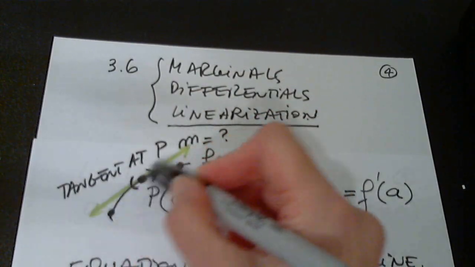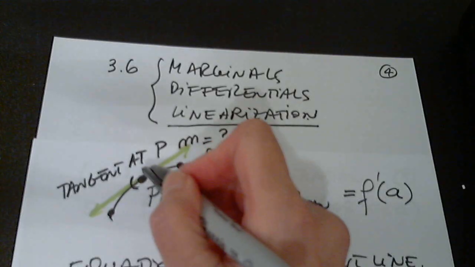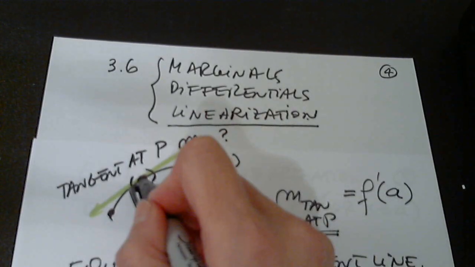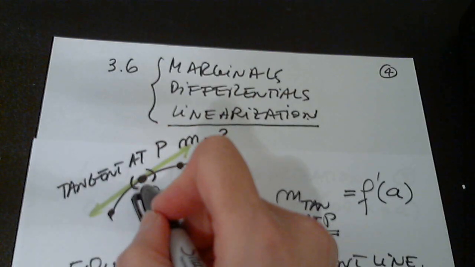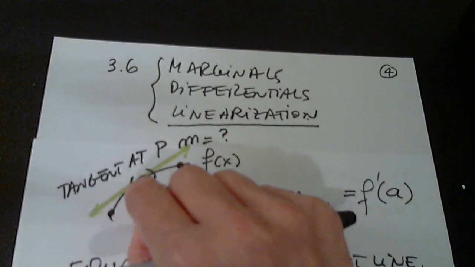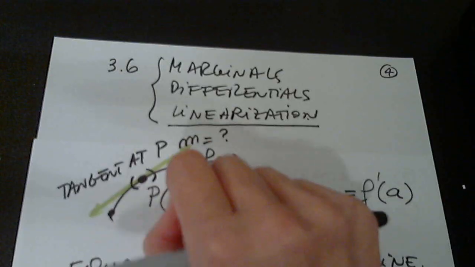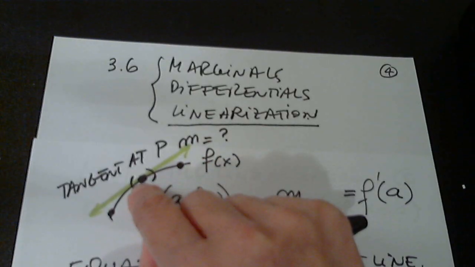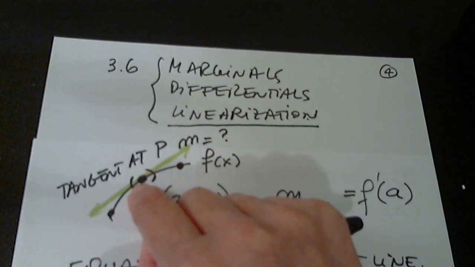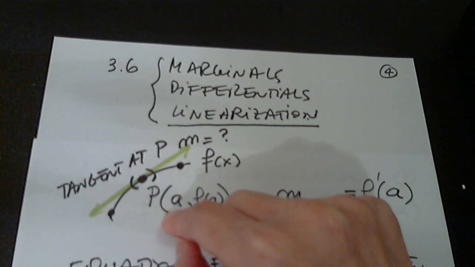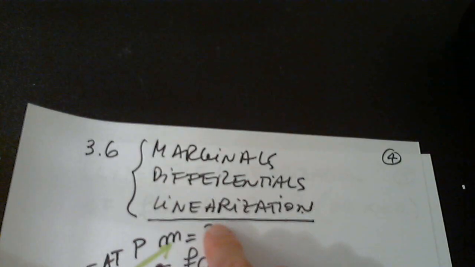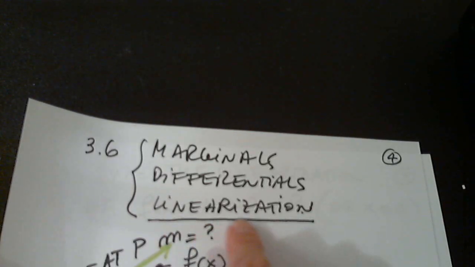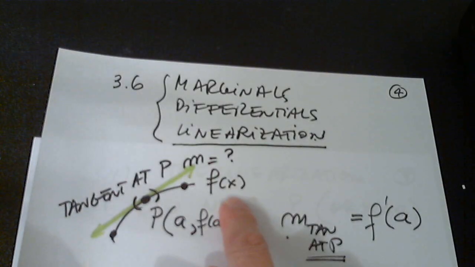But if I use the tangent to evaluate the function near this point, I will have a minor error. If I can live with that error, I can use the equation of the line to evaluate f of x near the point, or near x equals a. That's why this is called either the linear approximation or the linearization of a function.